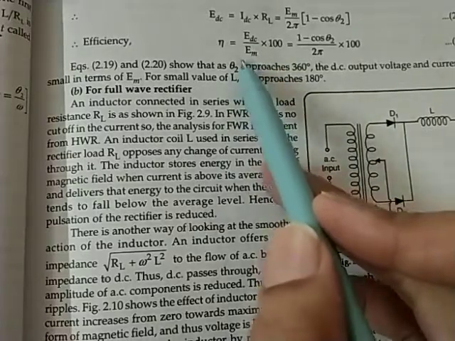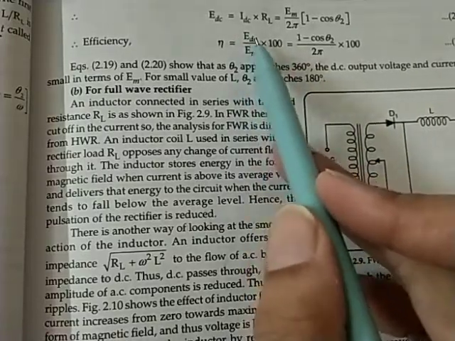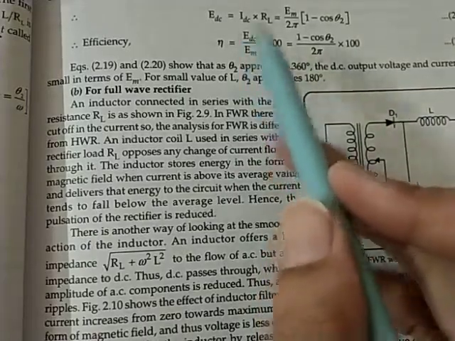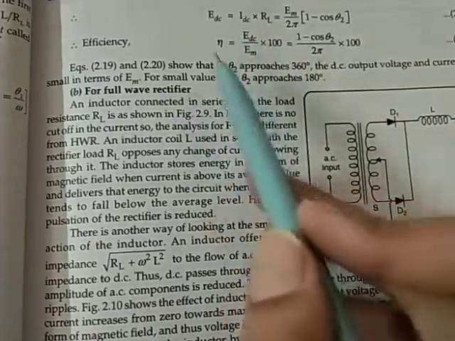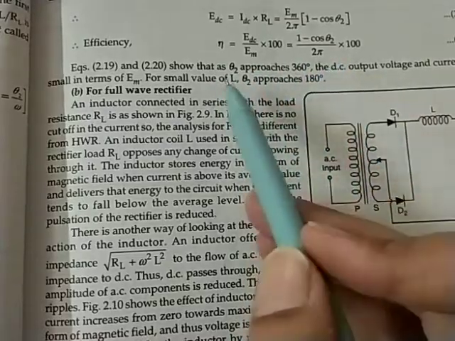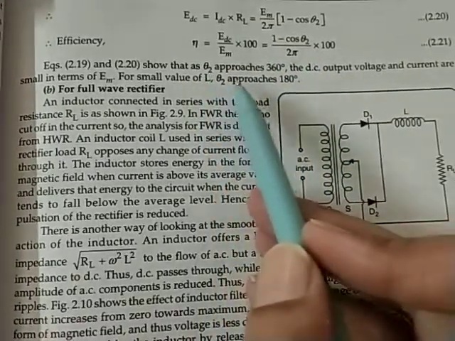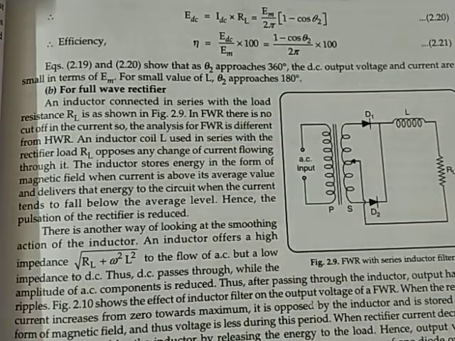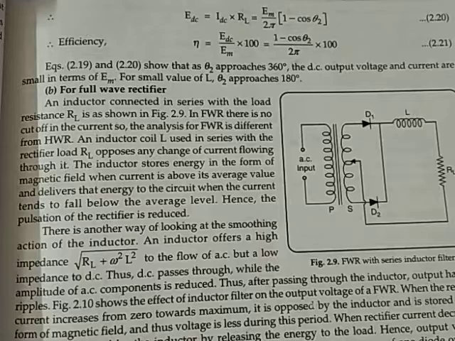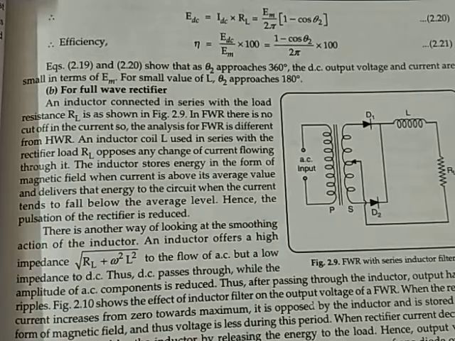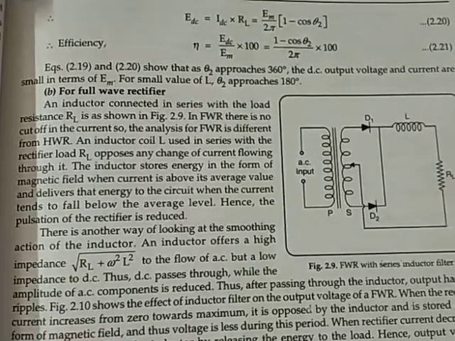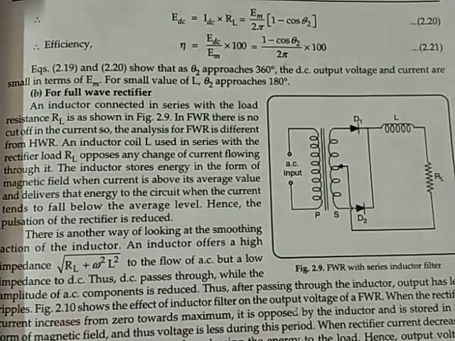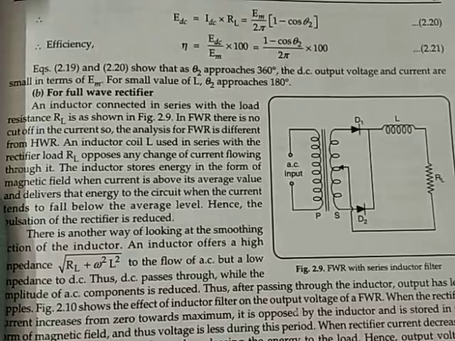So this was the maximum value of AC and this is the maximum value of DC. We have just divided the two terms, output upon input into 100, and we can see that when theta 2 approaches 360, because cos 360, which is cos 2 pi, is 1, at that time efficiency is 0.